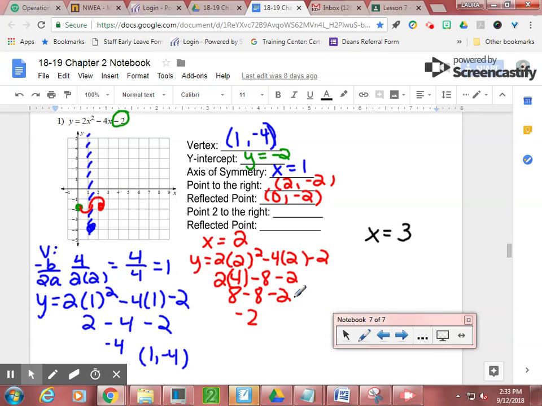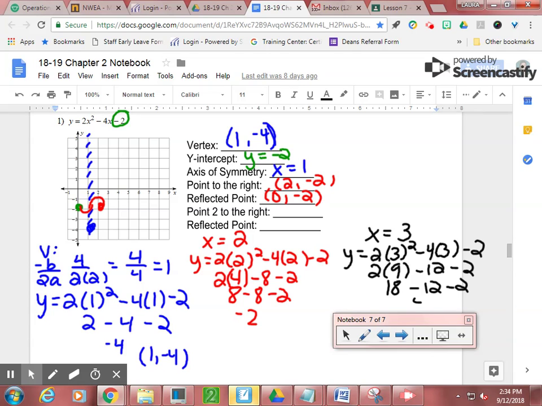Okay, so now we're going to plug in x equals 3. So we have y equals 2 times 3 squared, minus 4 times 3, minus 2. So this is 2 times 9 minus 12 minus 2. So 18 minus 12 minus 2 is going to give us 4. So this point 2 to the right is 3, 4.